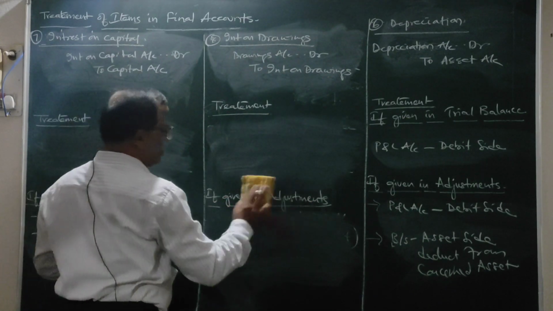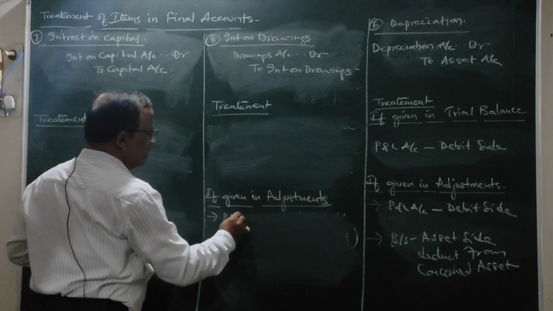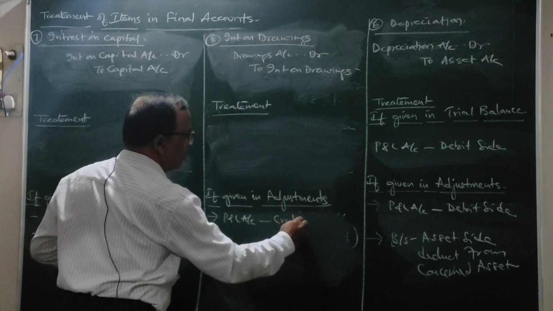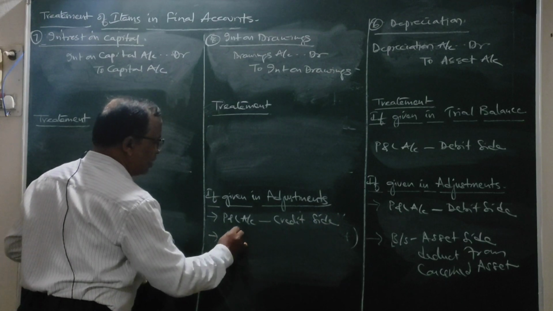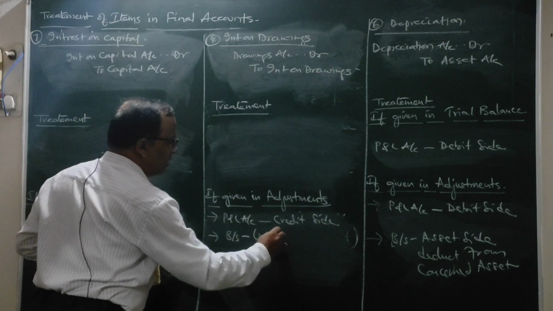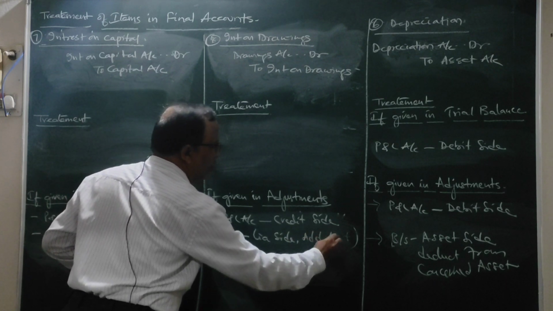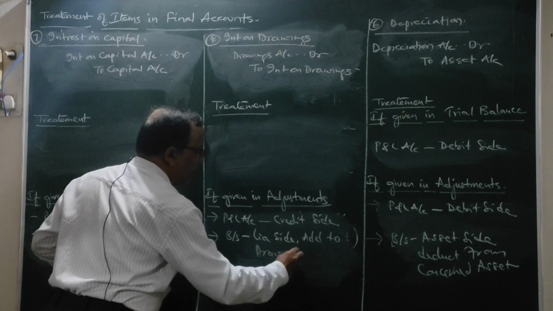When it is given in adjustments, our effect will be, one, profit and loss account: because it is an income to the business, we are going to post it on the credit side. Then in the balance sheet, on the liability side, we are going to add to drawings.